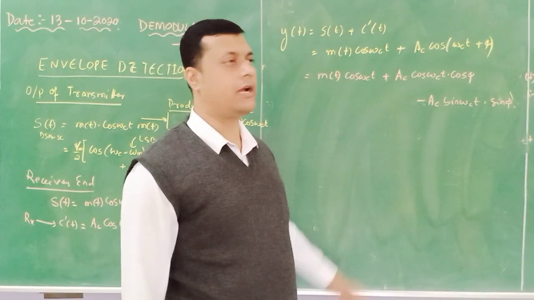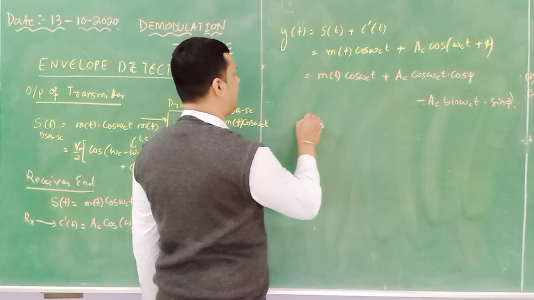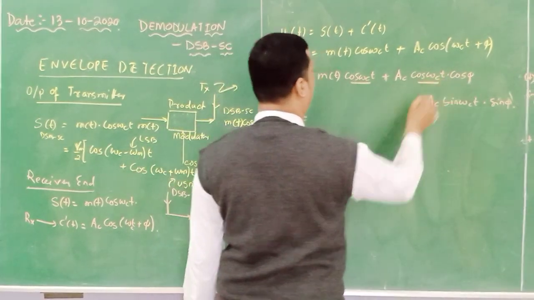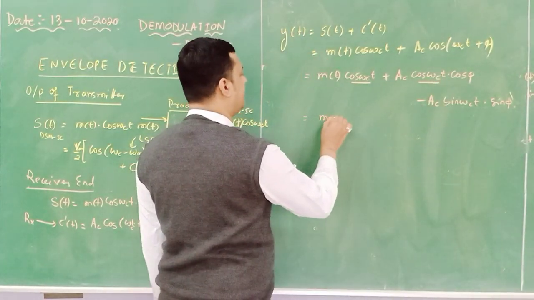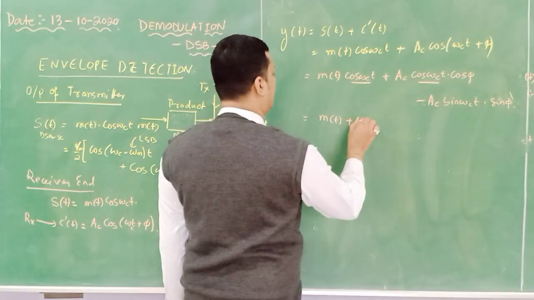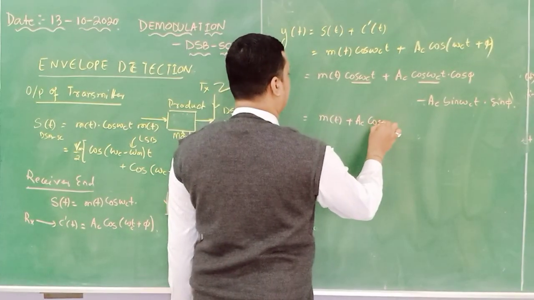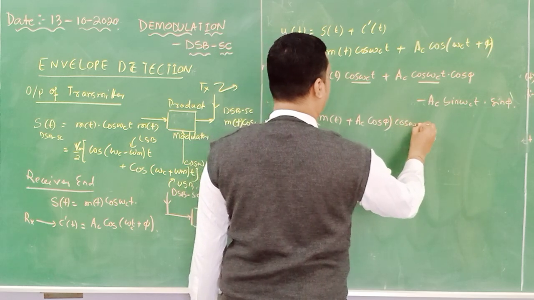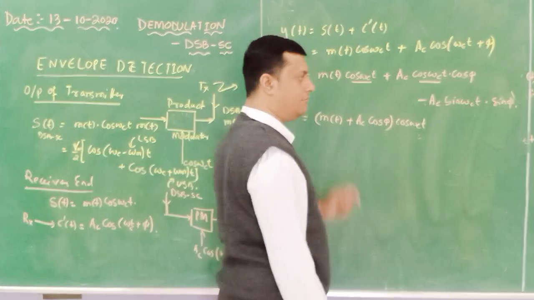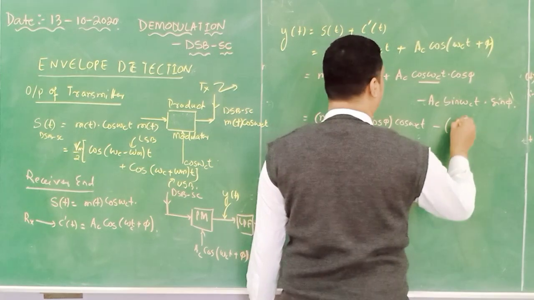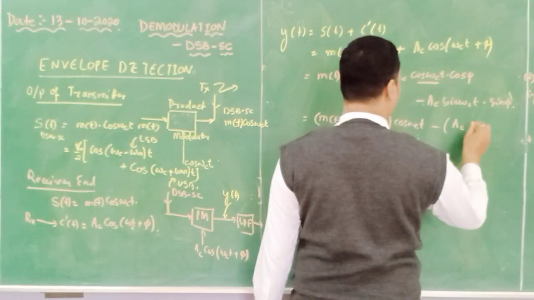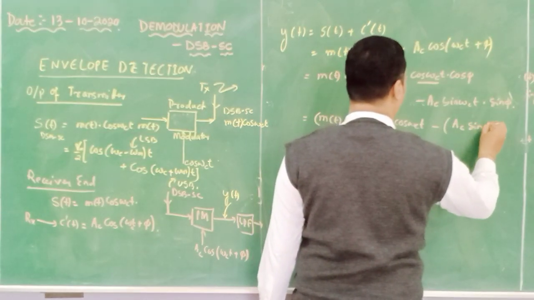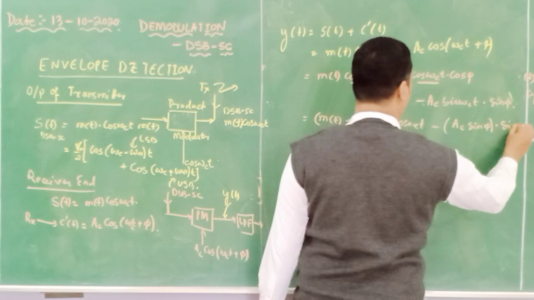So I will take the common part to one side. You can see cos omega ct is available. So it is (m of t plus AC cos phi) into cos omega ct. So this is the first term. Now the second term is minus AC sin phi sin omega ct.